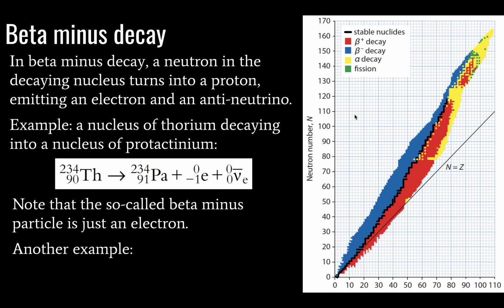Now, you might have been wondering what is going on here. This chart just shows the neutron number over here and the mass number over here on the x-axis. Okay, so what we have here is this very important line where we have stable nuclides. These nuclides no longer decay.